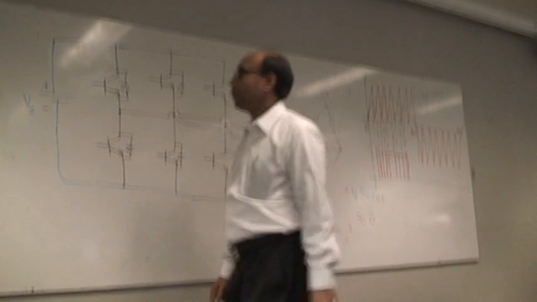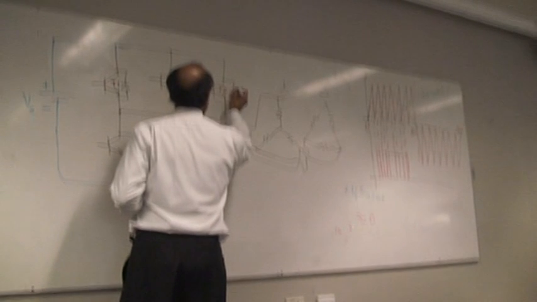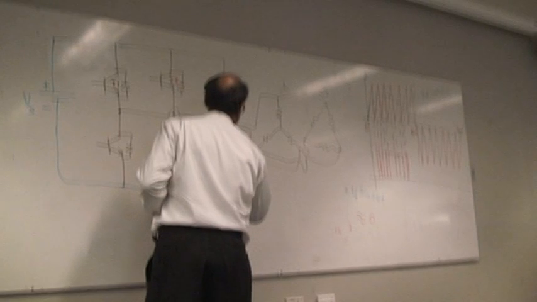Now, one important thing we need to follow here is the naming of the transistors. We have 6 transistors, and we name them T1 to T6, but not arbitrarily.